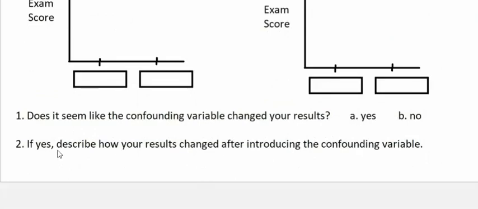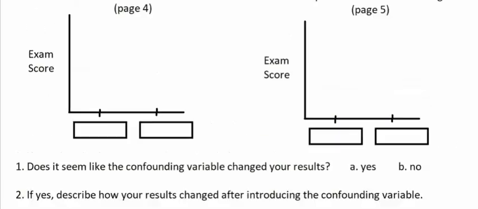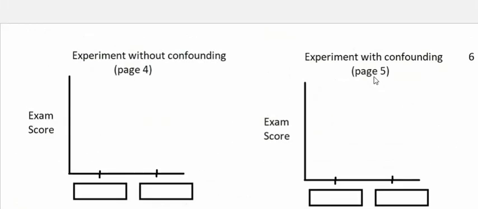And then if you think that page 5 does look skewed or thrown off compared to page 4, then describe how your results ended up changing on page 5. Basically, describe specifically how the confounding variable threw off your results.